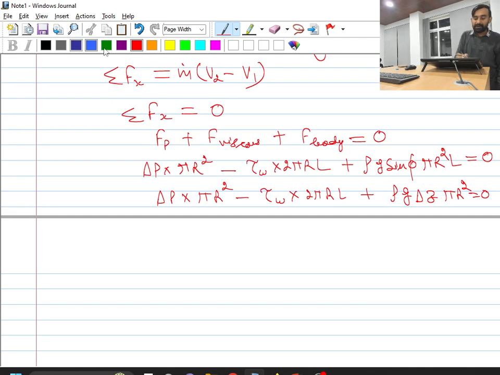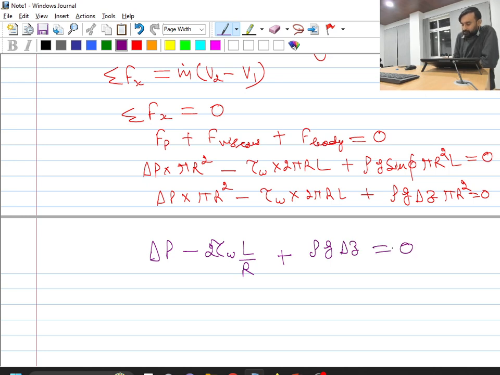Okay. Now what I will do, I will divide throughout by pi r square. So I will be getting delta P minus 2 tau W, 1 pi will cancel, into L by R. Okay. Plus rho G into delta Z equal to 0.